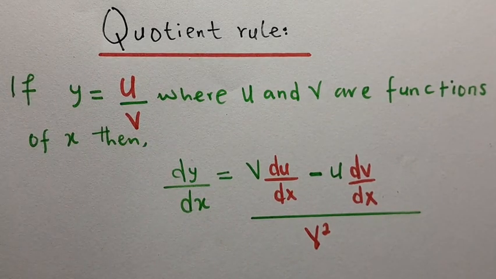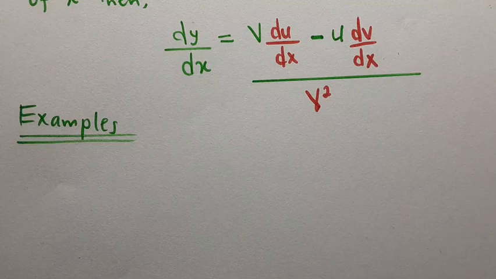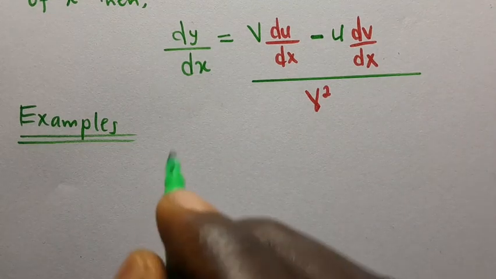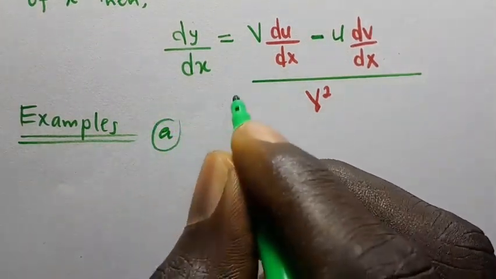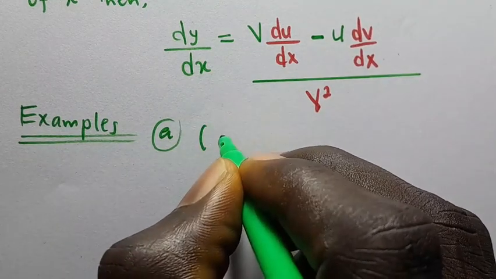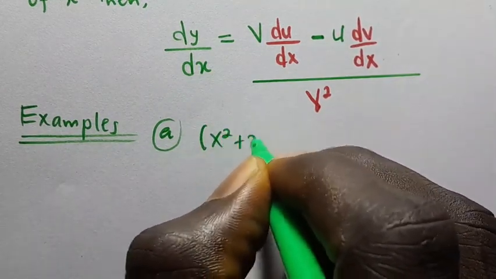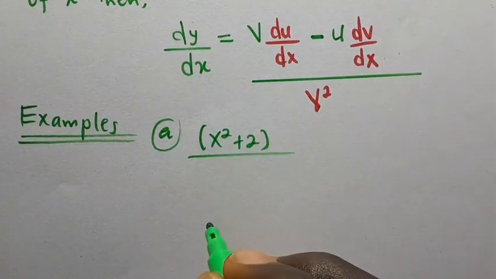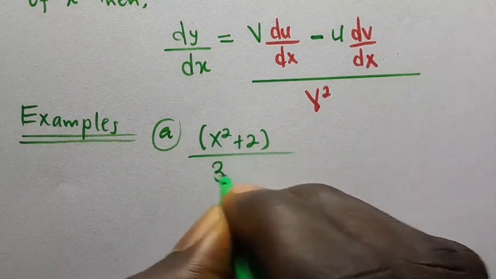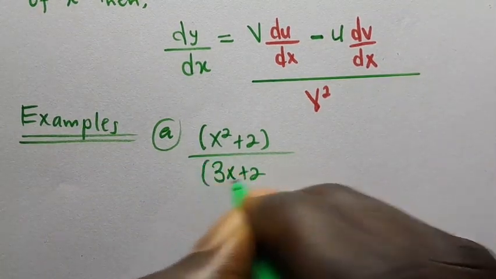So let's take a look at examples under this. The first one, example A, y equals x squared plus 2 divided by 3x plus 2.